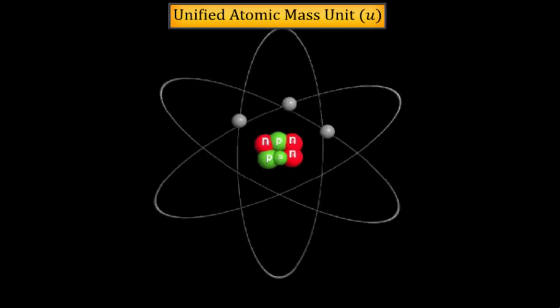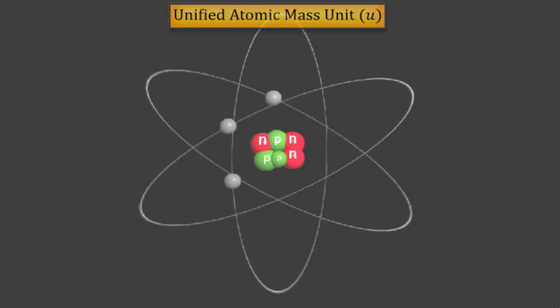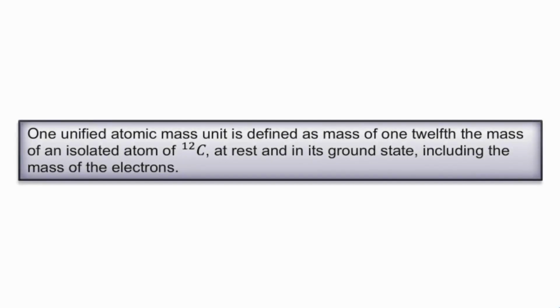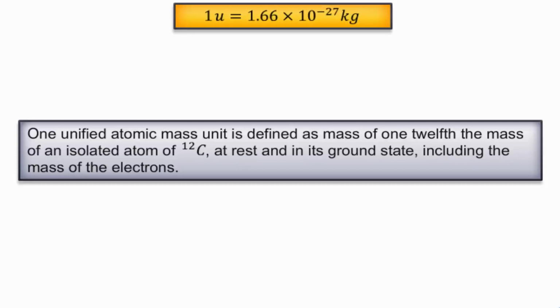The symbol of Unified Atomic Mass Unit is u. One Unified Atomic Mass Unit is defined as 1/12 the mass of an isolated atom of carbon-12 isotope, at rest and in its ground state, including the mass of the electrons. It is equivalent to 1.66 × 10^-27 kilograms.